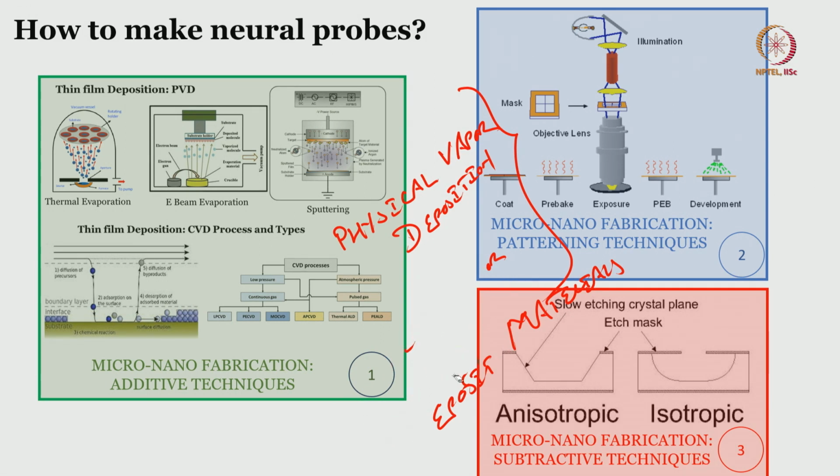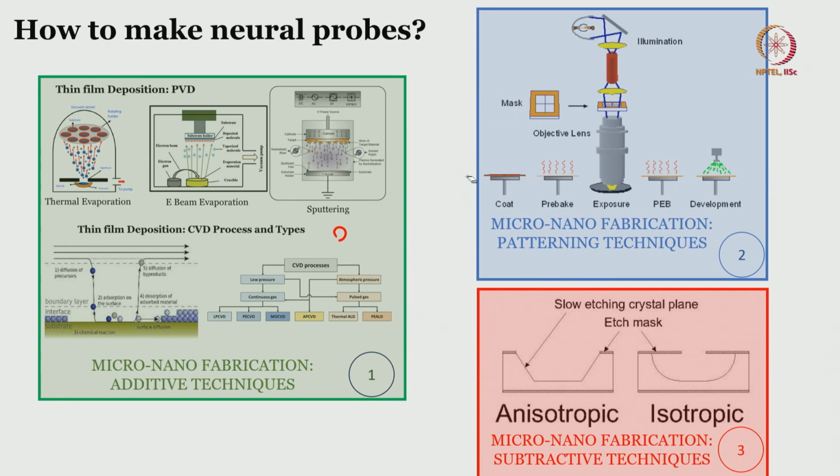Now, in physical vapor deposition, we have three techniques. The first one is called thermal evaporation, the second one is electron beam evaporation, and the third one is called sputtering. Thermal evaporation, e-beam evaporation and sputtering, and we will understand each of these techniques in detail in the next classes.